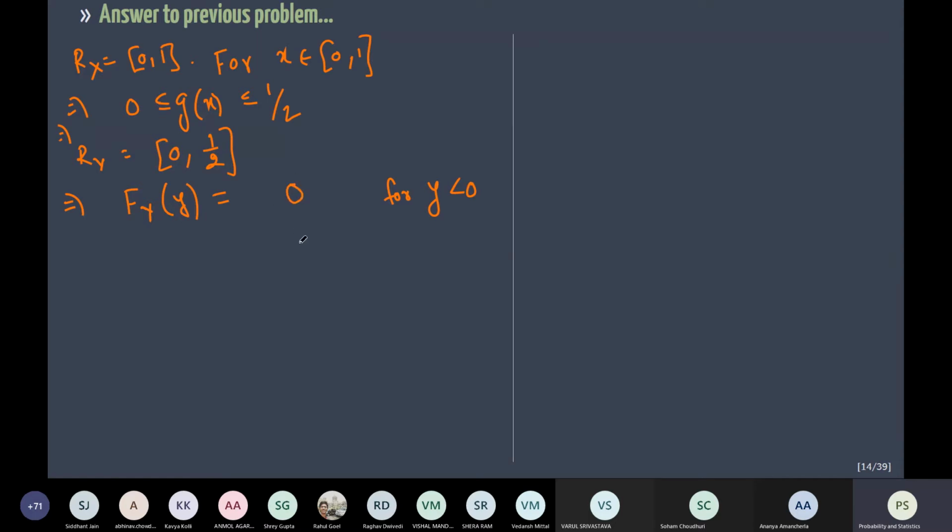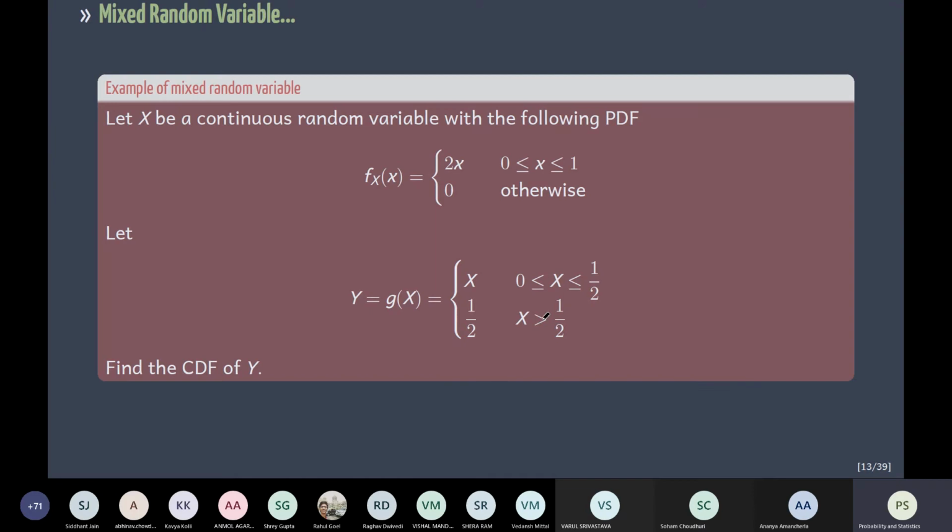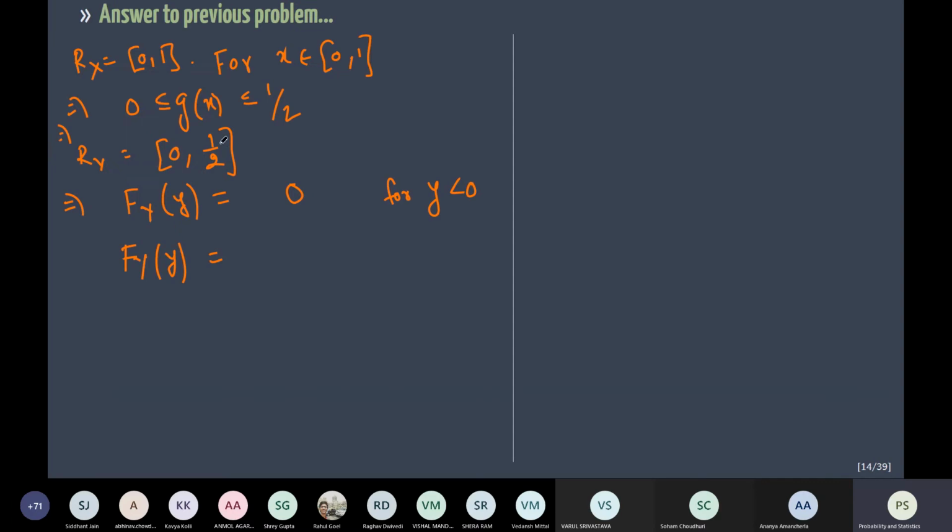And for y greater than half, we know that for a random variable, if you go beyond the upper range, then your CDF must identically be 1. So these are the boundary cases.